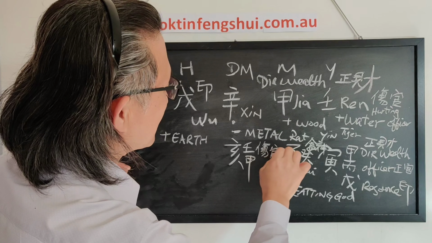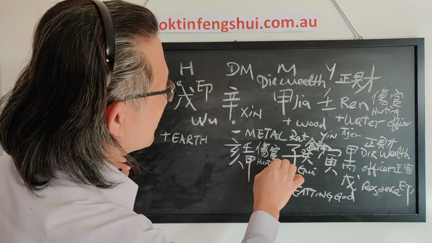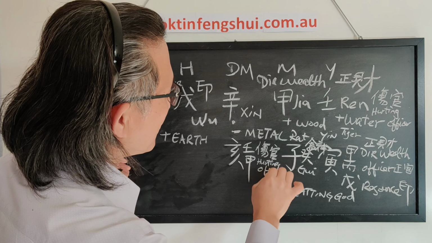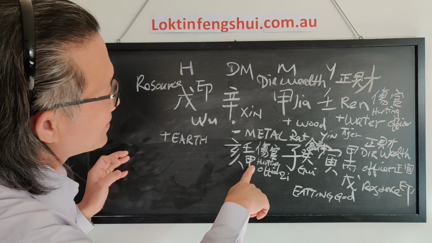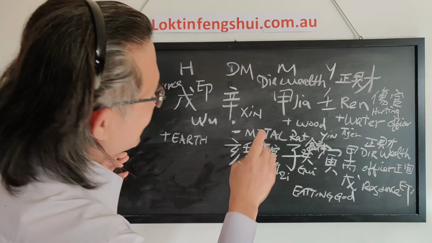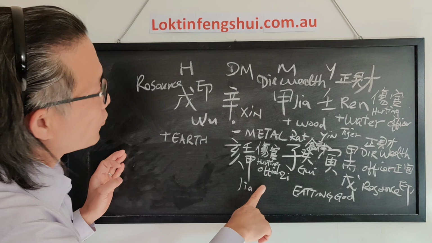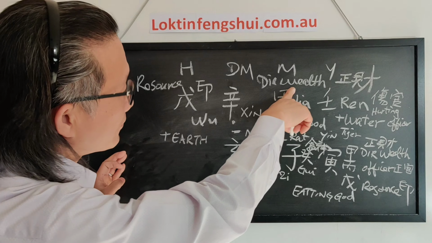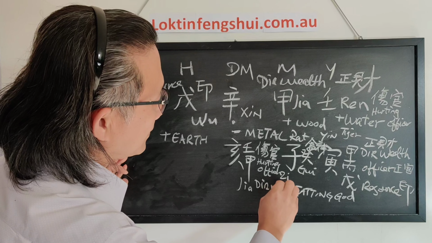Hurting officer or 算棍 hurting officer. And then the sin is metal. Sorry, this is jia. This is jia. Jia is the yin wood. So jia here is the wealth. So we have a direct wealth here.